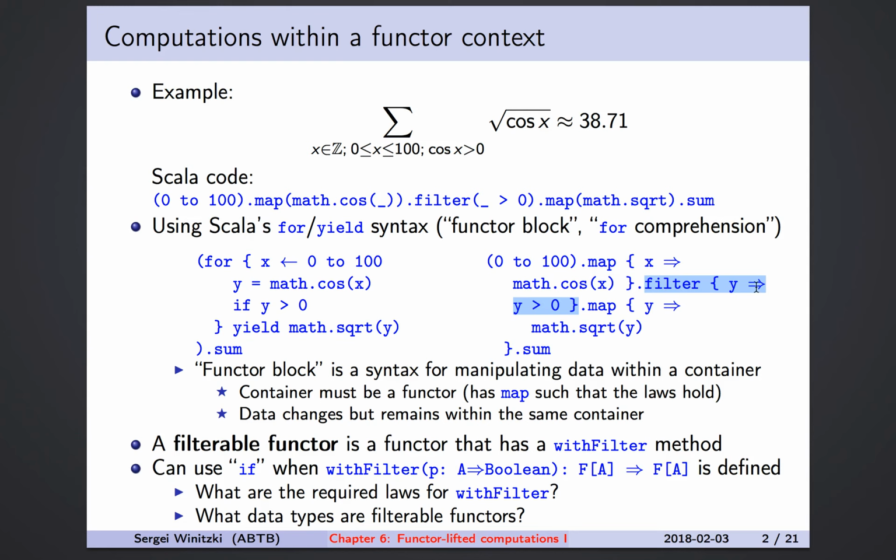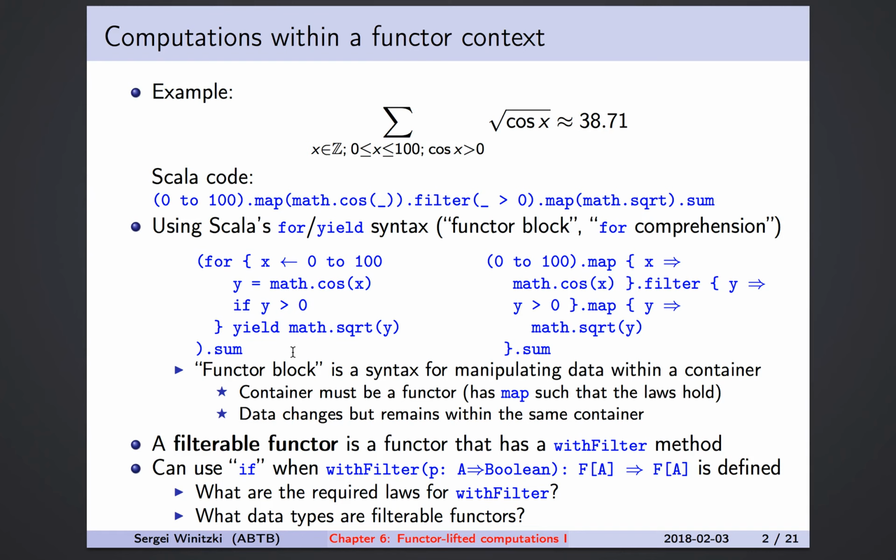After we filter, only values that pass the condition are left in the sequence. So the same logic is a little more visual in the functor block syntax, that anything after the if only is computed when it passes the condition.